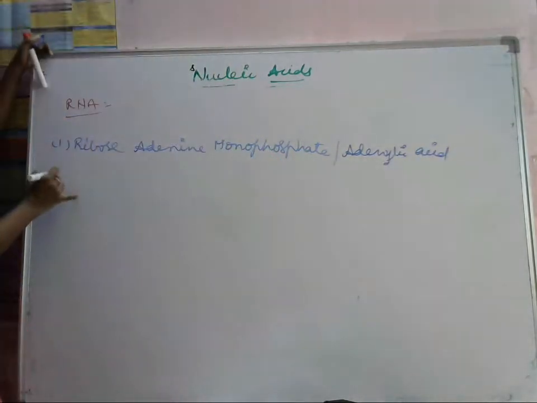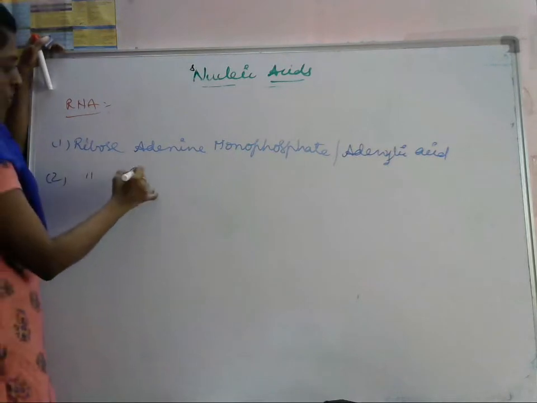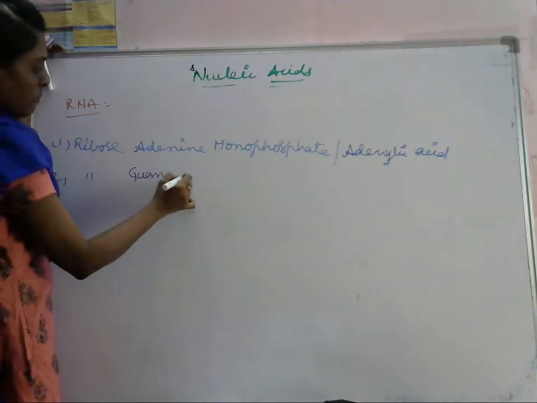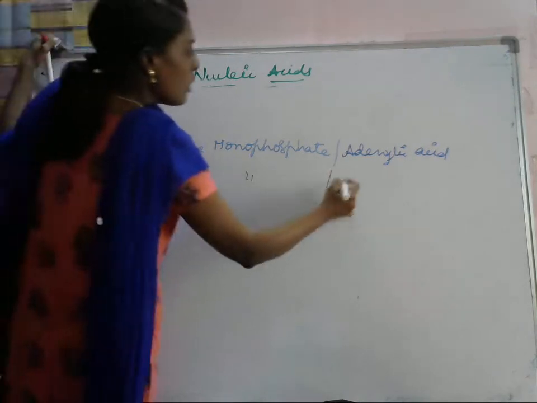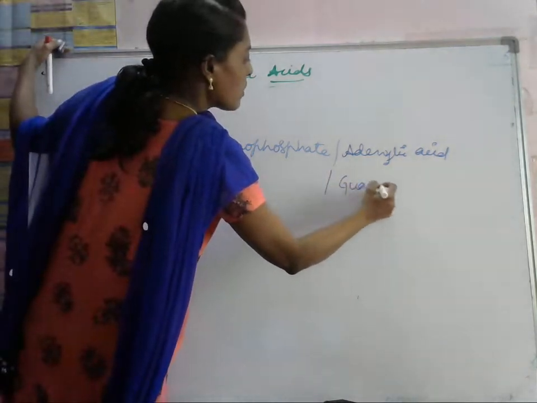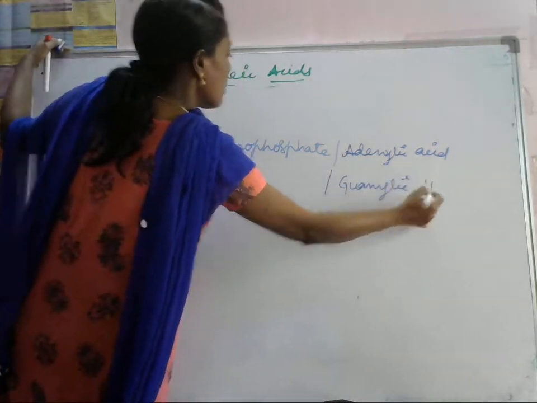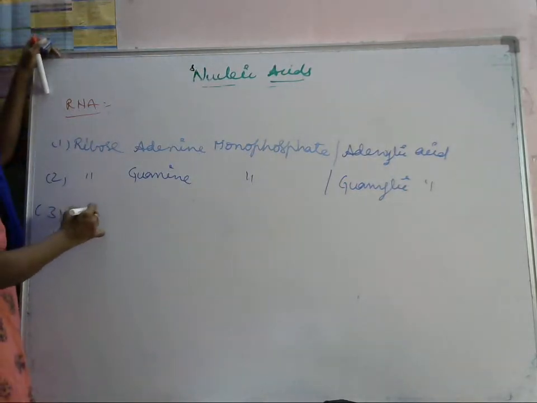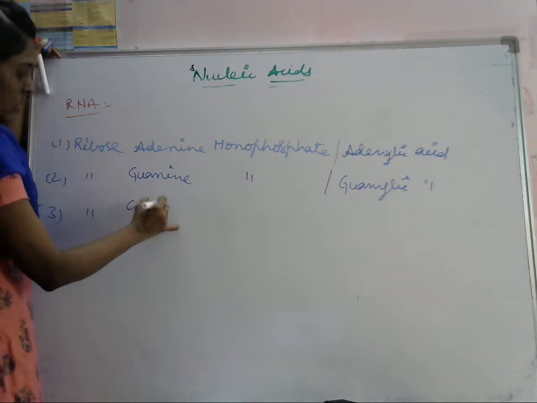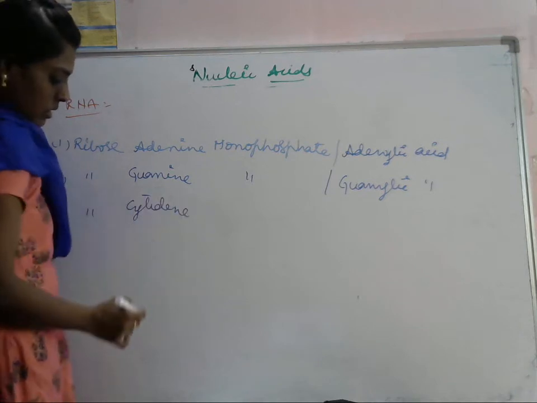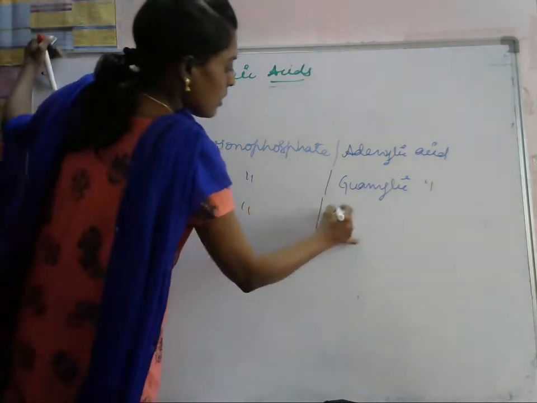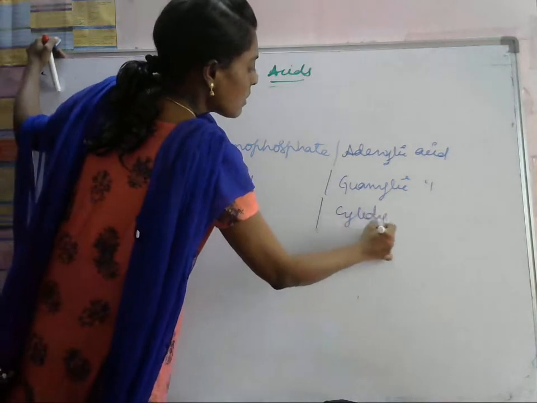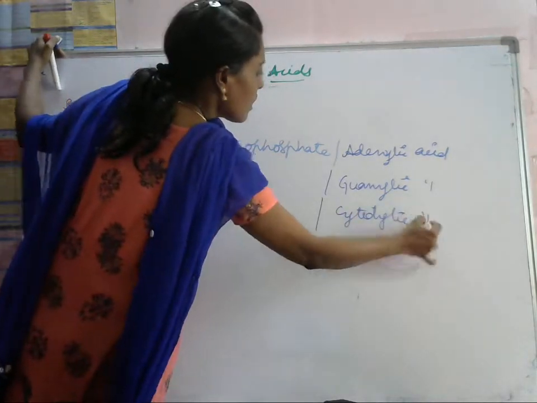Next one, ribose guanine monophosphate, or guanylic acid. Next one, ribose cytidine monophosphate, cytidylic acid.